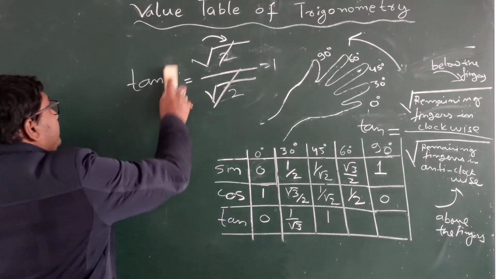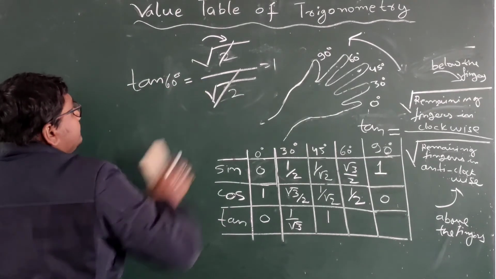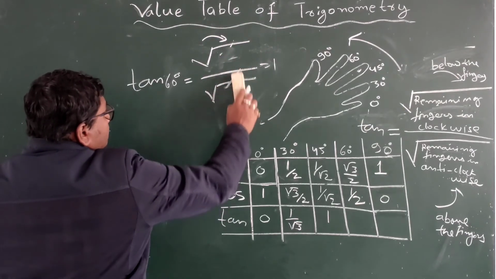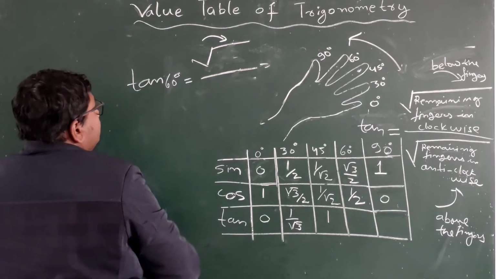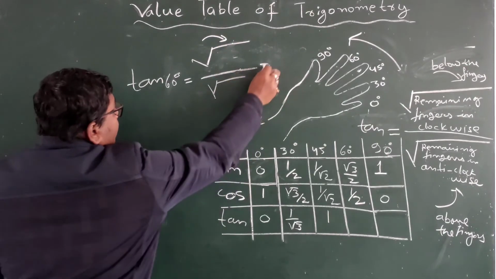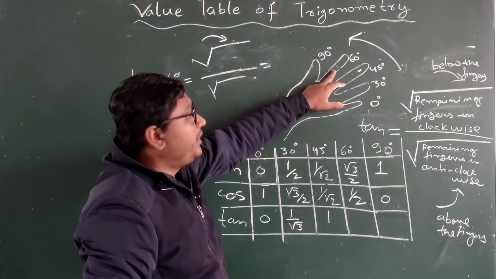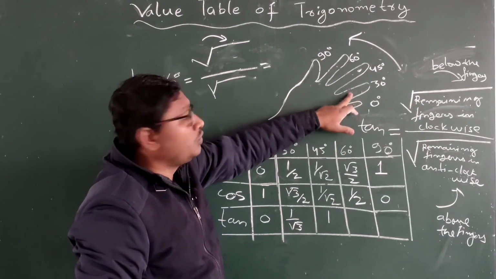Now tan 60 degree. The same formula will be here. Where is 60 degree? 60 degree is here. First of all, in clockwise direction, how many fingers will be left? 1, 2, 3.